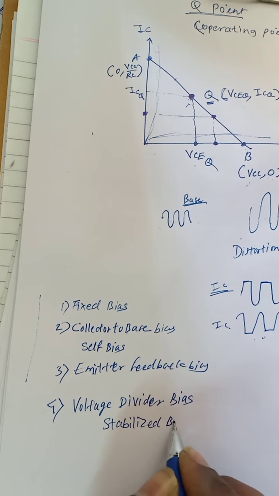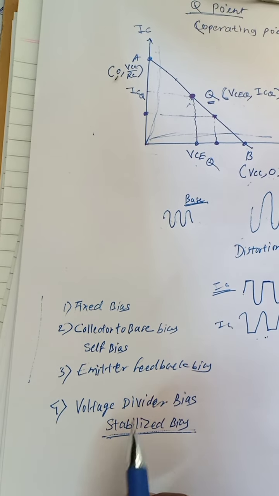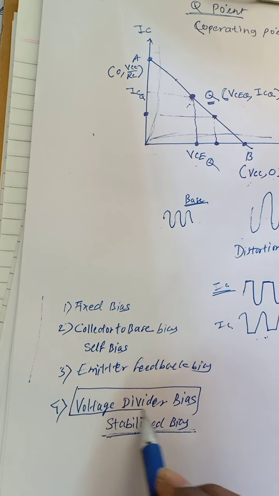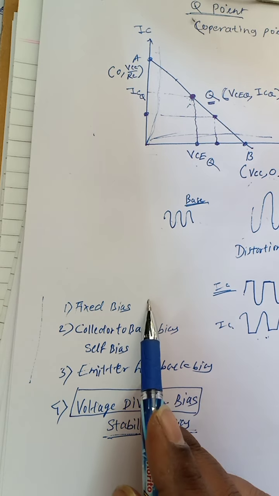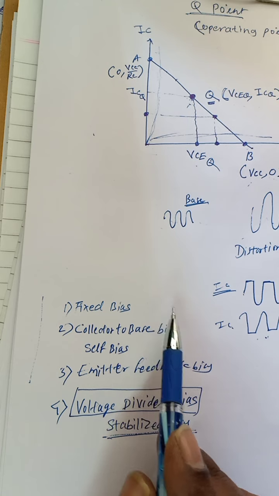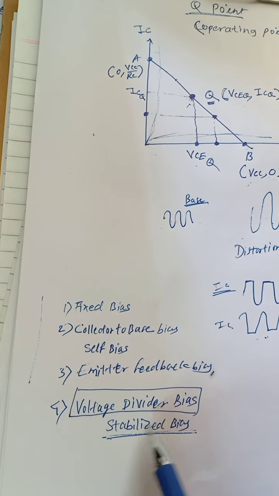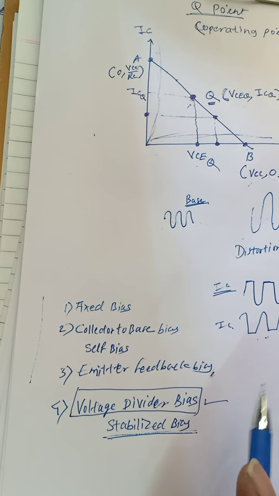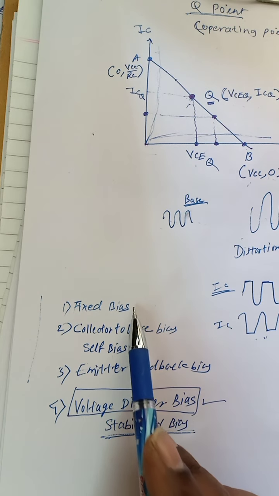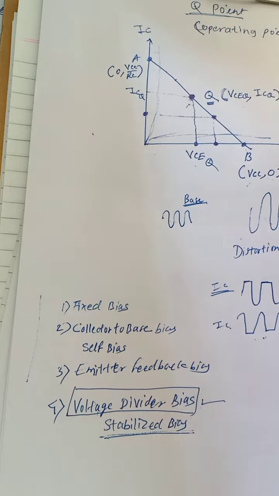This is the most important bias, so we are going to focus on voltage divider bias. The other three biasings are also useful, but they have some disadvantages. So we directly focus on voltage divider bias, and no need to observe these other biasings. We switch to the voltage divider biasing.